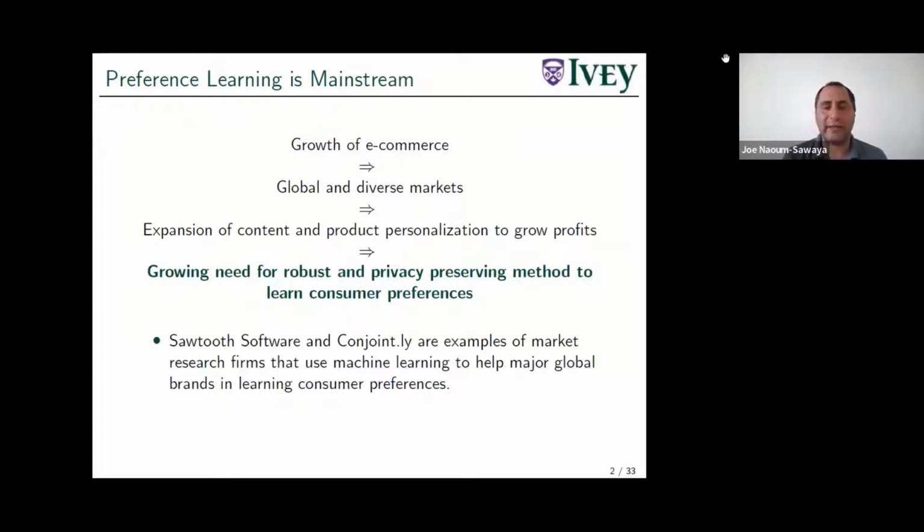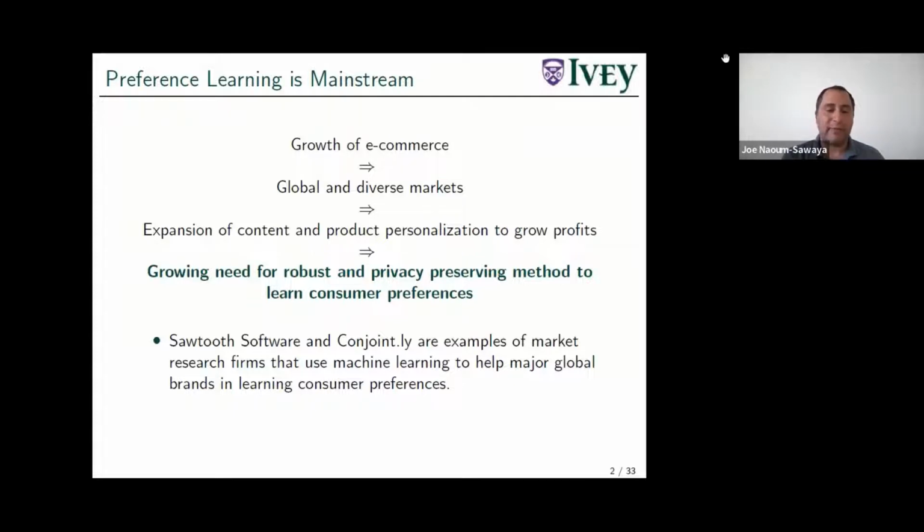But nowadays, with e-commerce, we have global, very diverse markets where data can be collected from. So doing preference learning has become a whole lot easier, of course, with the growth of ML and AI.